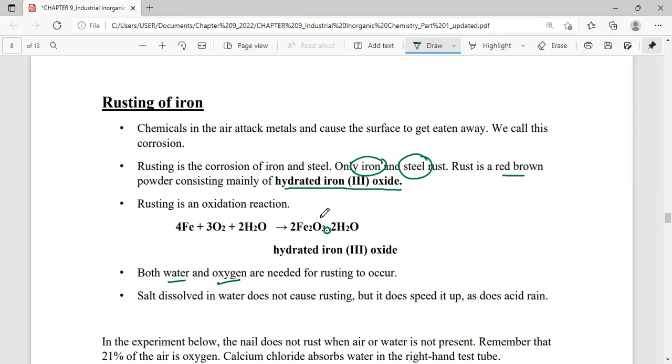Is it a useful chemical reaction or a harmful one? Yes, it's not a useful chemical reaction. Why? Yeah, because rust makes the metal brittle, and it has to be replaced from time to time when it is used to make buildings and other things. Okay.